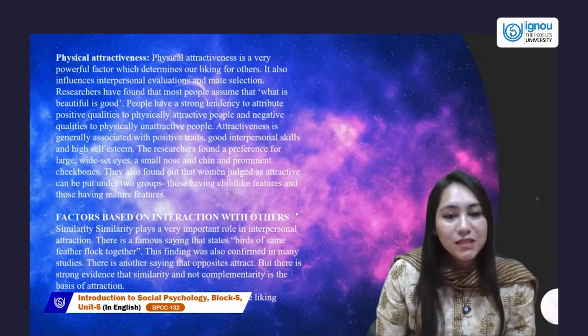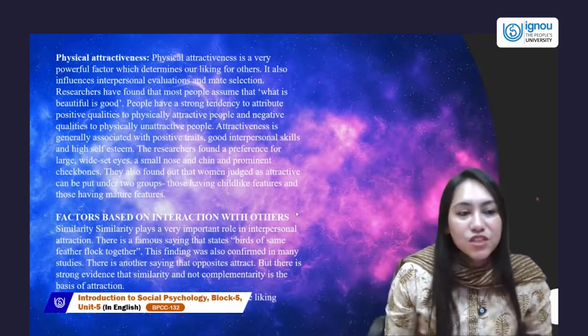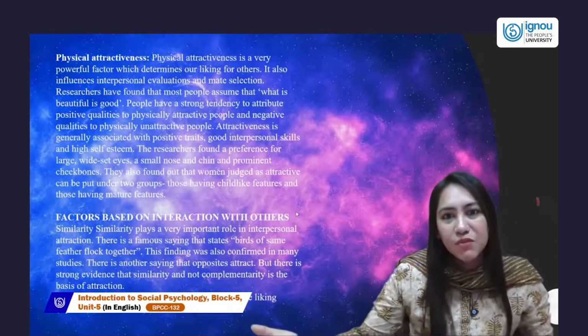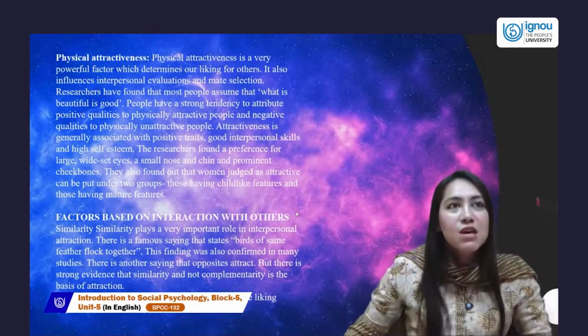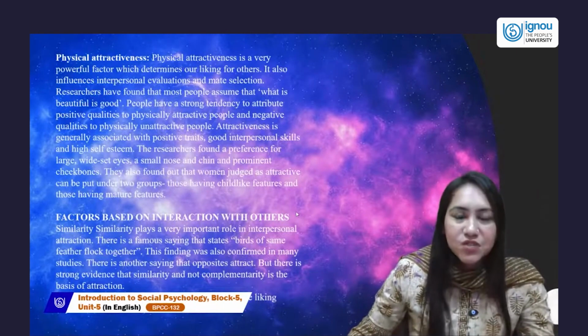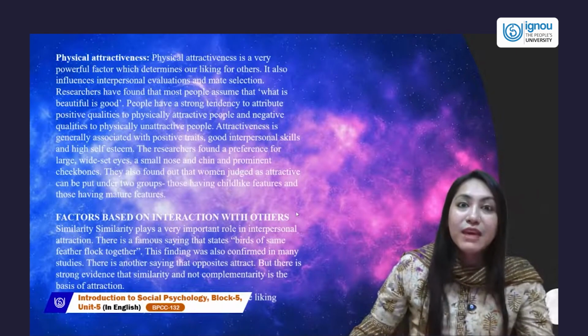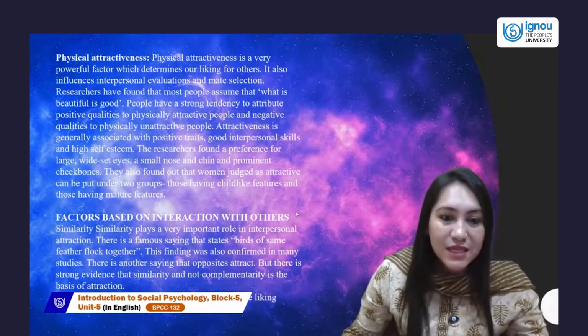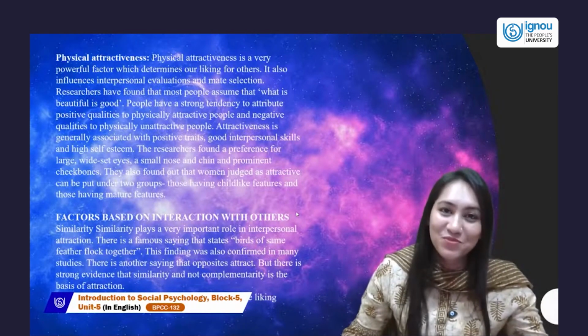Let's come to some factors based on interpersonal attraction with others. These are simple factors which are not inside or outside, but something which just happens. One is similarity. Similarity is very important for interpersonal attraction. You form groups on the basis of similar values. They say birds of a feather flock together, which is very true.